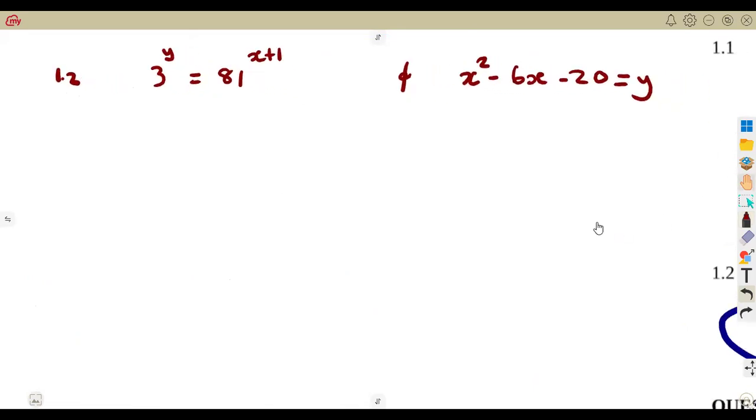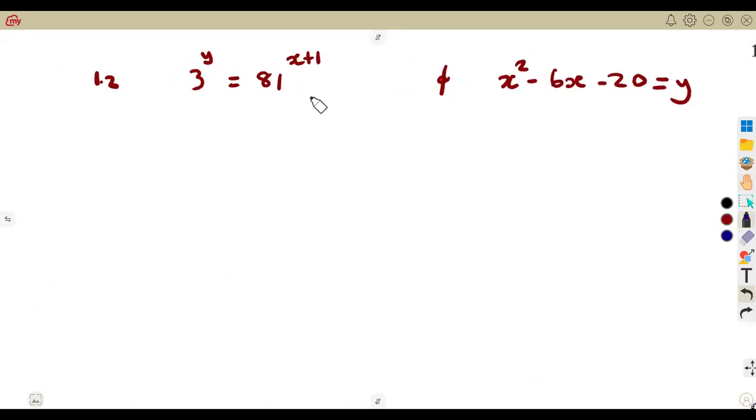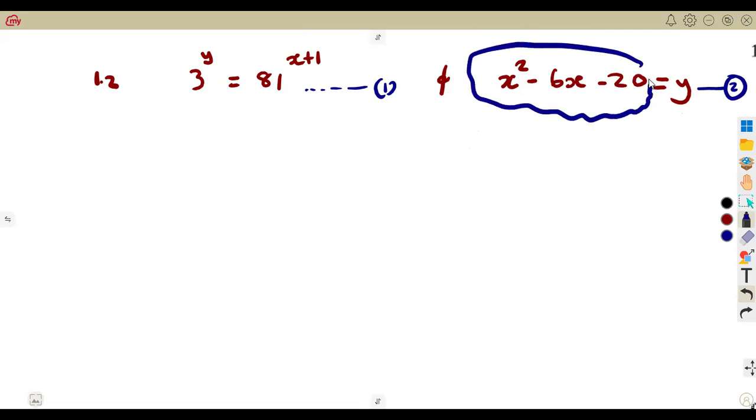So in solving these two equations, guys, we can just say, let this be our equation 1, and this will be our equation 2. As we can see, in equation 2, we are already given y as the subject. Y is equal to an expression in terms of x. So there can be an easier way, guys. Let's figure out equation 1.